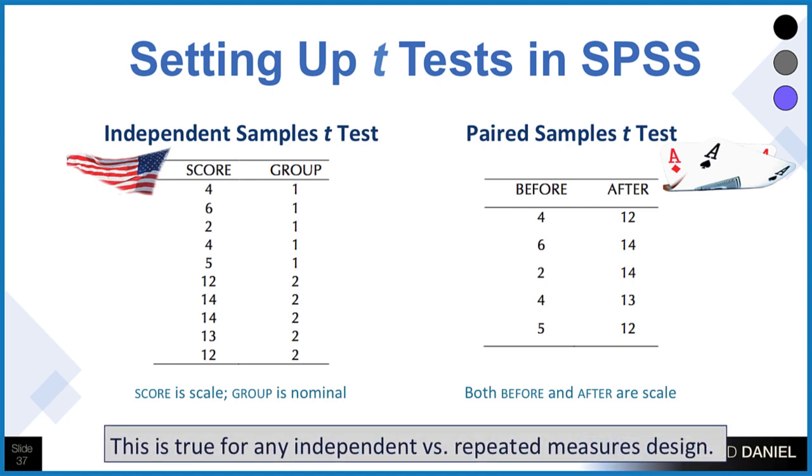For the repeated measures, or paired samples t-test, you will have two columns, each with scale level data. In this case, the scores. So we have the before and after scores, or with the puppy example, we have the clicker versus food reward, or with the example that we'll be doing this week, math scores being compared to writing scores for the same person.